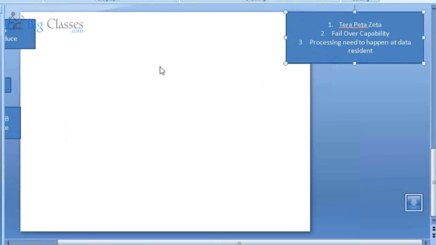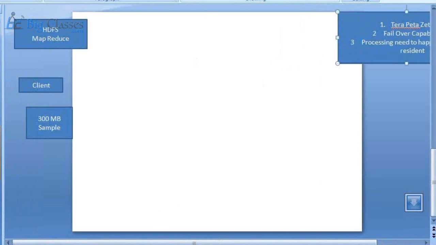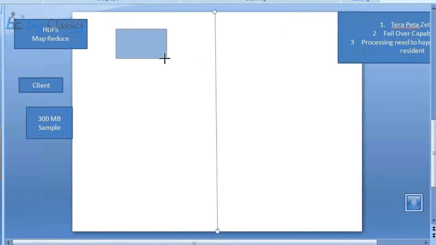One thing that you are expected to do is to have two types of nodes. What is the first type of node? The first node is the name node.